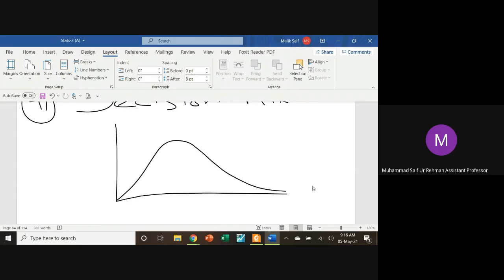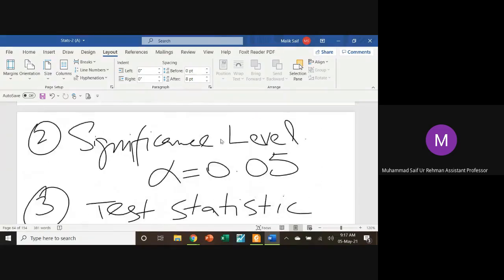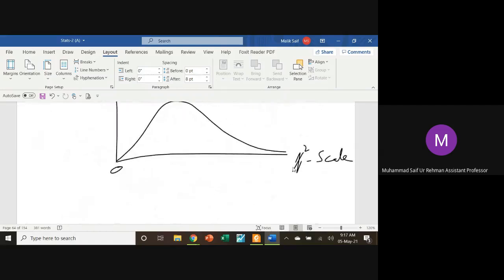There is no negative side in this distribution. It starts from 0, and on the vertical axis there are probabilities, and this is the chi-square scale. 0.05 is the significance level, so let us draw a line over here.